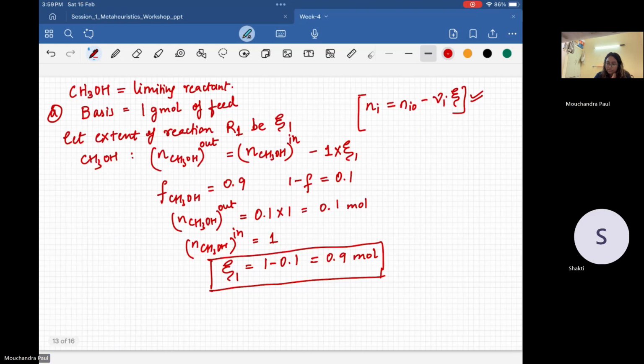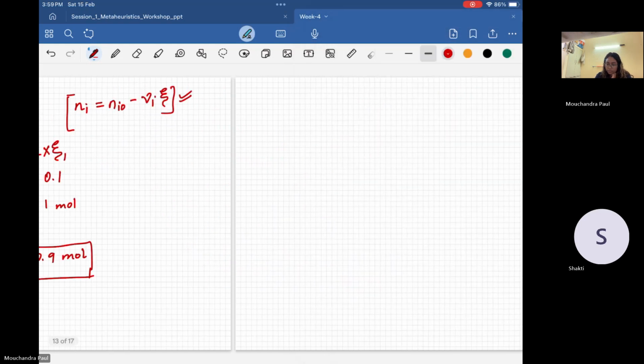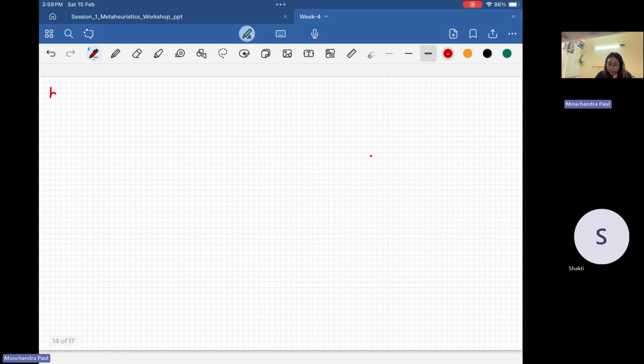Now let xi2 be the extent of reaction of R2.